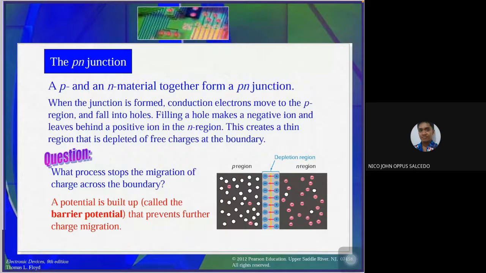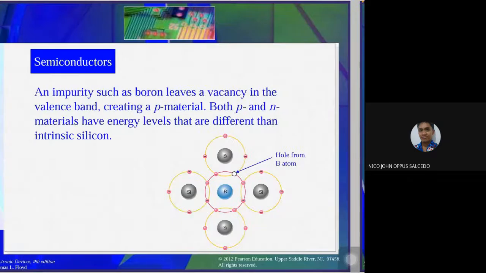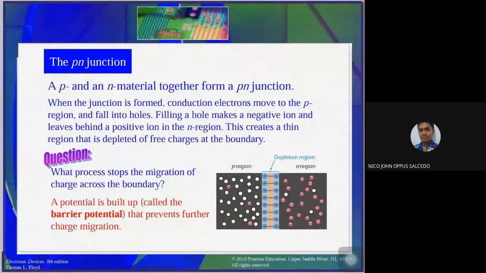Only if we stick together those two types of materials, the P-type and N-type, could we create something interesting. Okay? So, here comes in the PN junction. A P and an N material together form a PN junction.